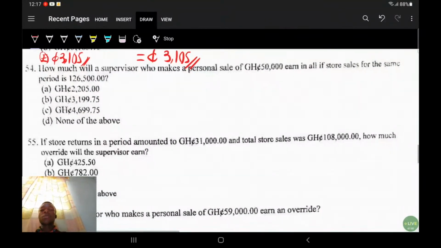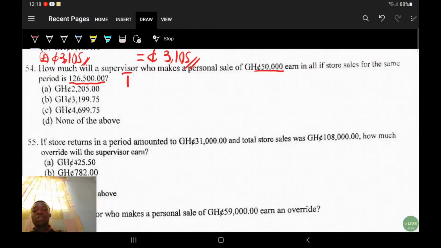So let's move on to question 54. How much will a supervisor who makes a personal sale of 50,000 earn in all if the store sales for the same month was 126,500? They are asking for the total earnings of that supervisor.